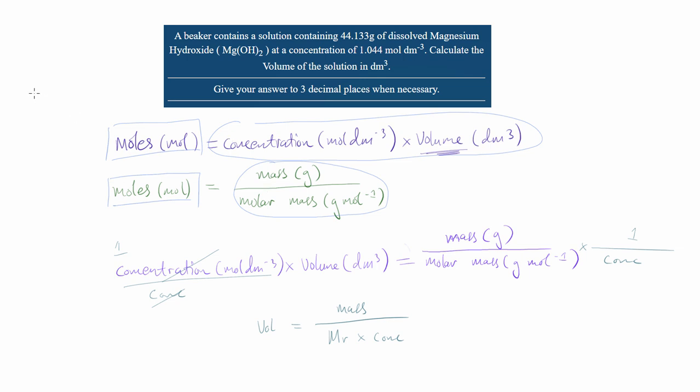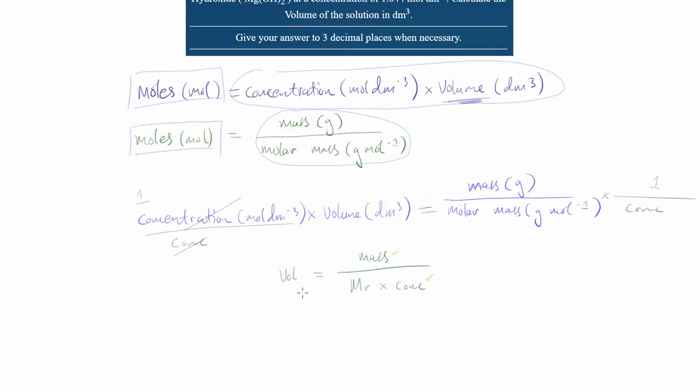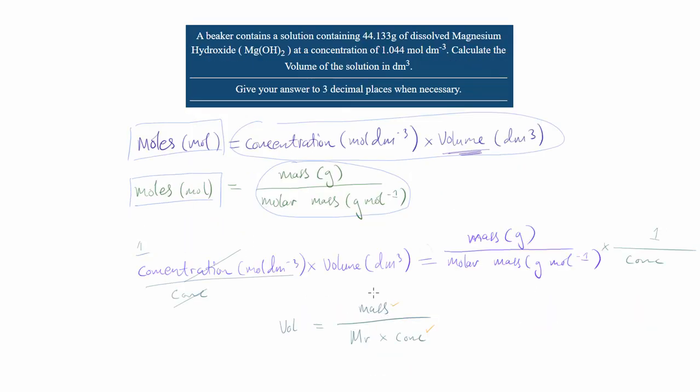If we just do a quick audit of our question again, what we see is we've got the mass, we've got the concentration, but we don't have the molar mass yet. So we're going to work this out from the periodic table now. For Mg(OH)2, I'm going to assume that you know how to work out the molar mass.